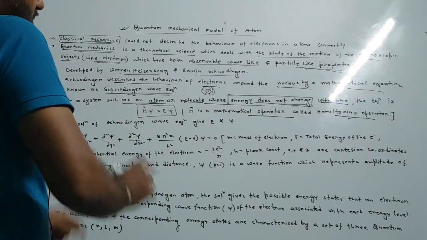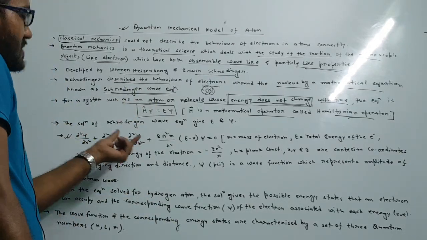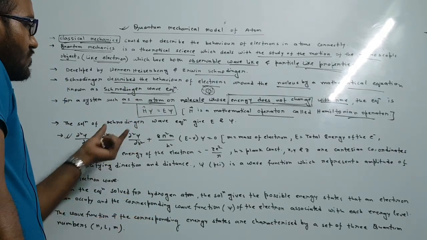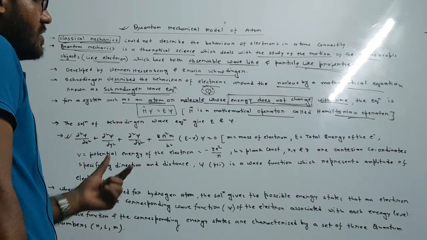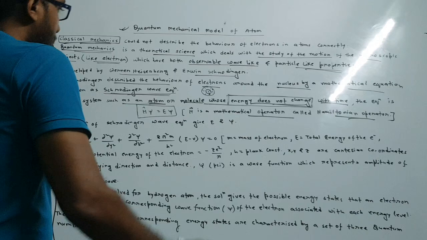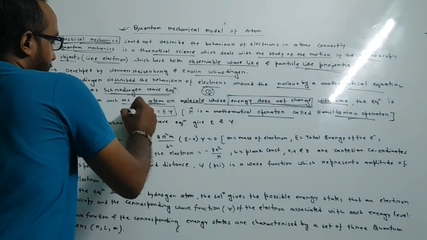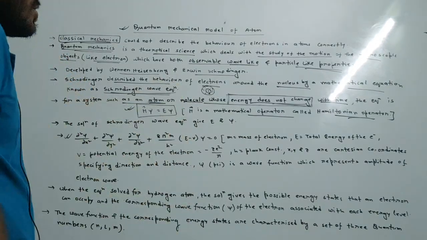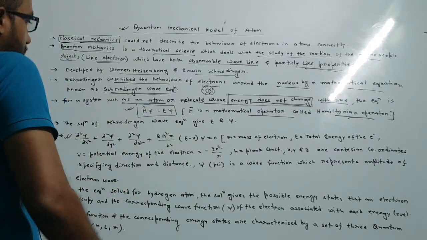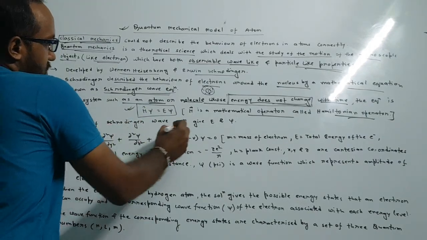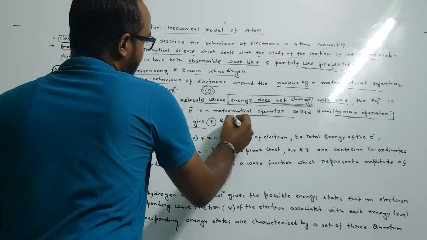What we are interested in is the solutions of the Schrödinger equation, which are in our syllabus. But still you have to learn this, because this topic is actually covered in the Master of Science in physics. The solution of the Schrödinger wave equation is E and psi.